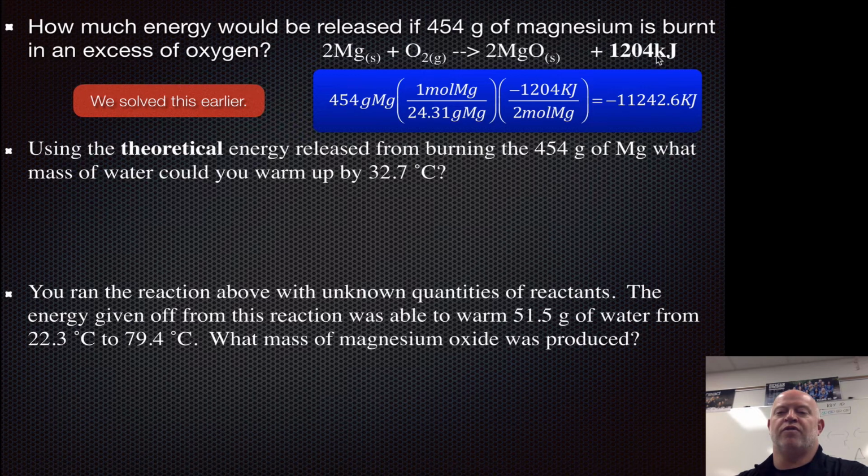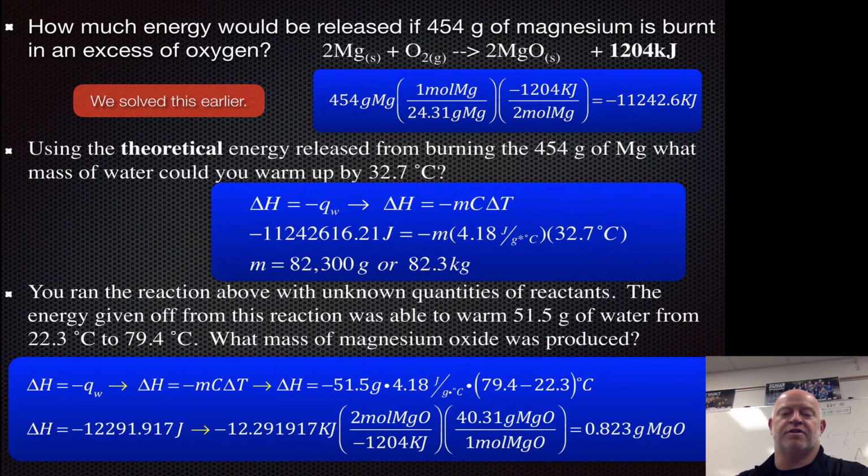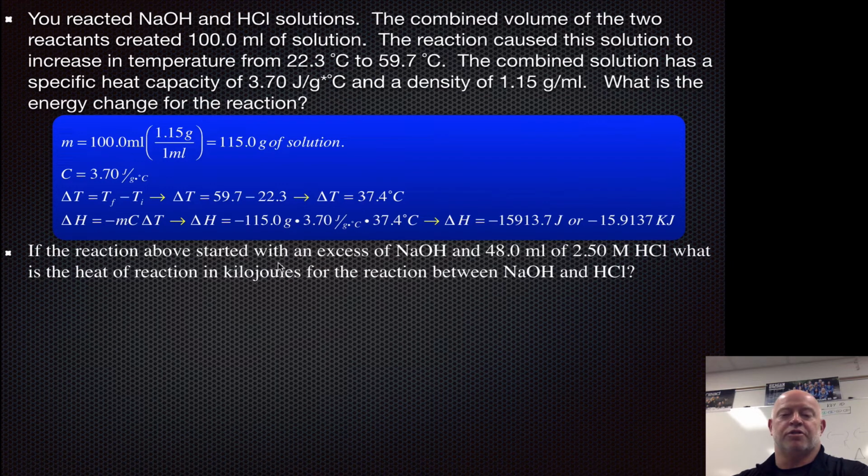So this 1204 kilojoules is a number we get for 2 moles of magnesium oxide, 1 mole of this, 2 moles of that. It is not this number. We do not know this number, and that's what we're looking for: what number would we put in the balanced equation for this process? We can use information from here to help us find it, but this is not that value.